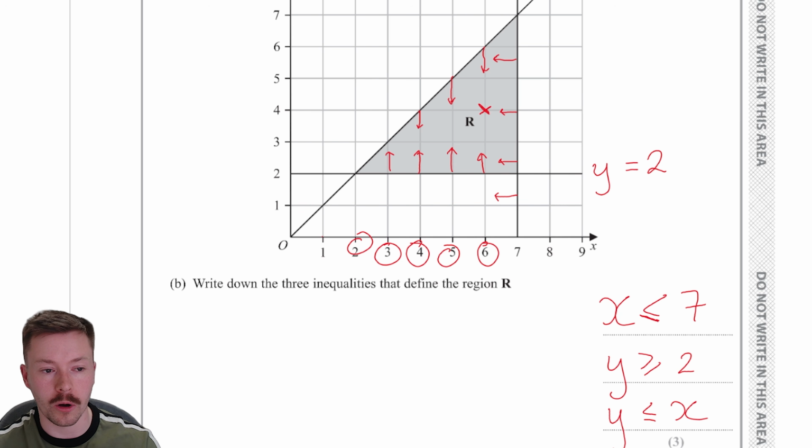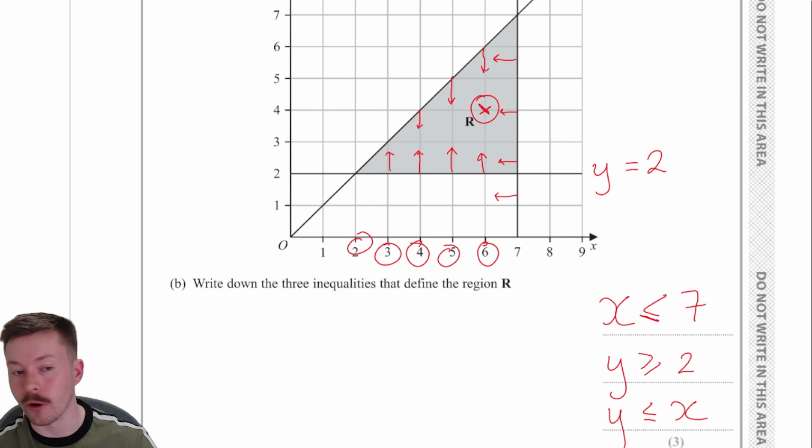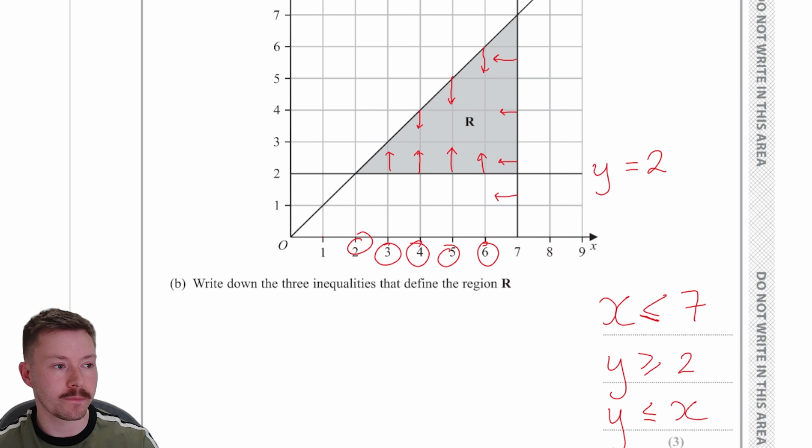Well, our y for this point here is 4, and so that is greater than or equal to 2. Now, the final one is y is less than or equal to x. Well, we've got here 4 for the y, 6 for the x, so that is true as well. 4 is less than or equal to 6. So we know that we've done it right. Okay, super. Let's move on to the next question.